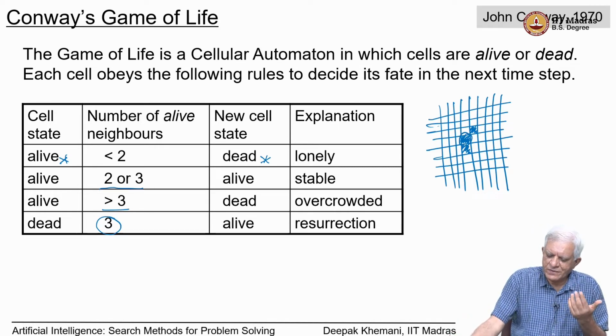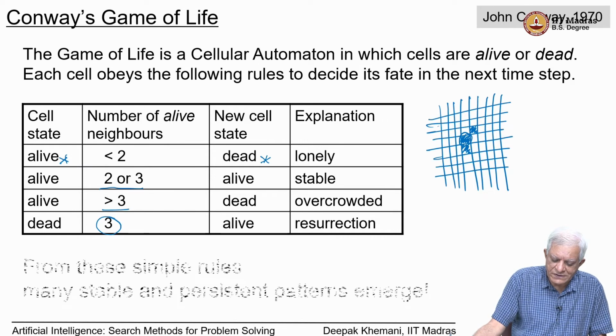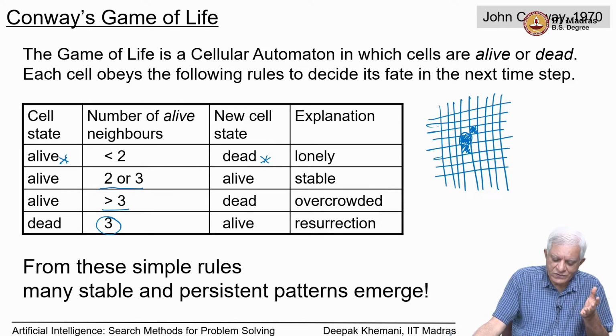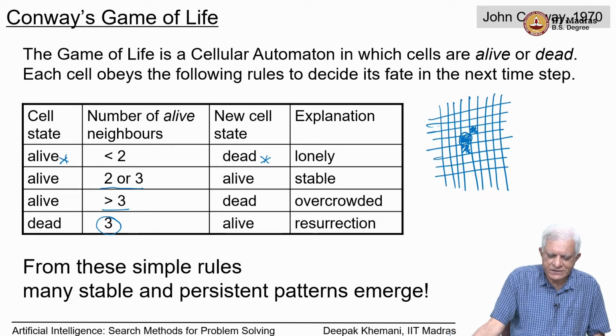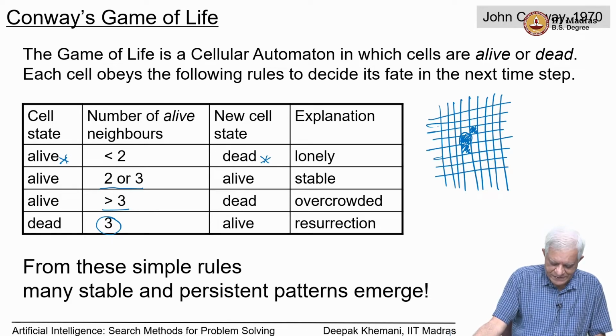So, it will continue to be alive and so on and so forth, and you can imagine this. So, it turns out that this very set of simple rules gives rise to very stable and persistent patterns in this world, which Conway called the game of life essentially.